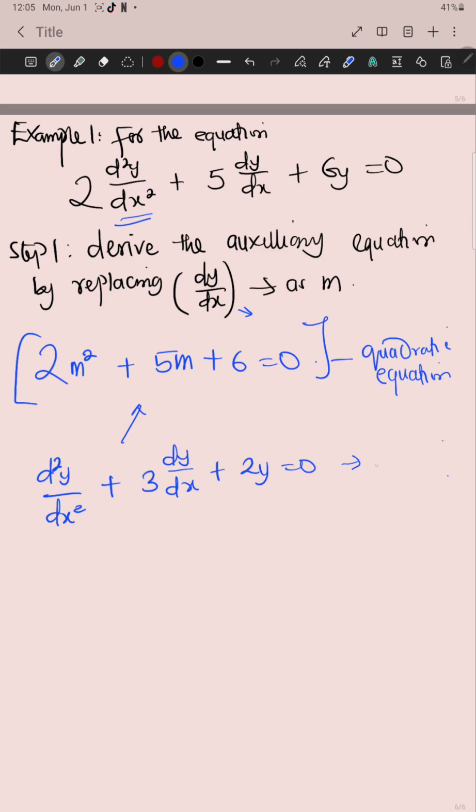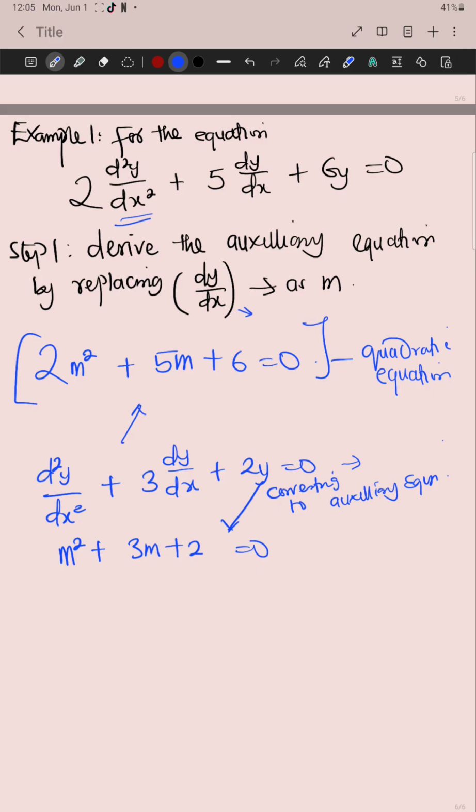So the auxiliary equation here is what? m squared plus 3m plus 2 is equal to 0. At this point, you have converted it to the auxiliary equation.